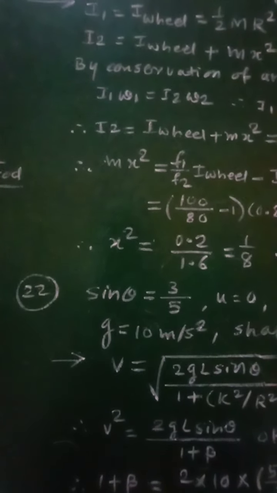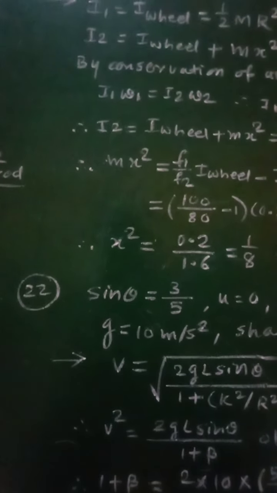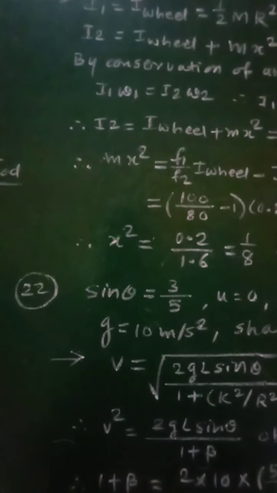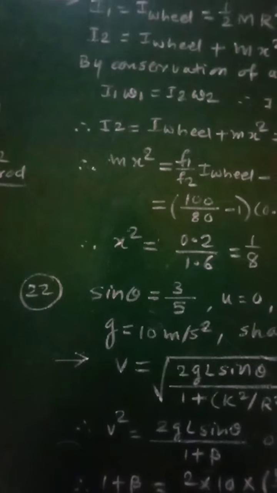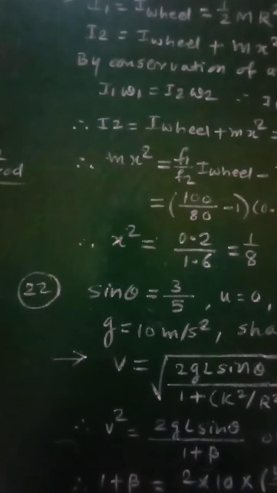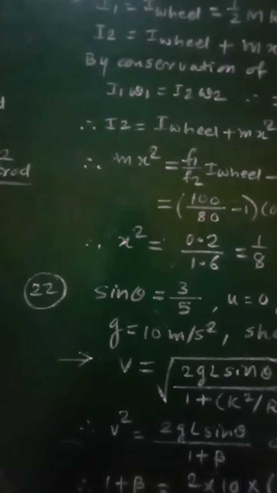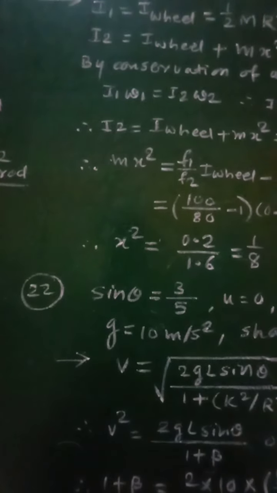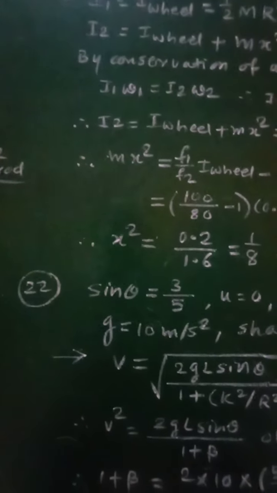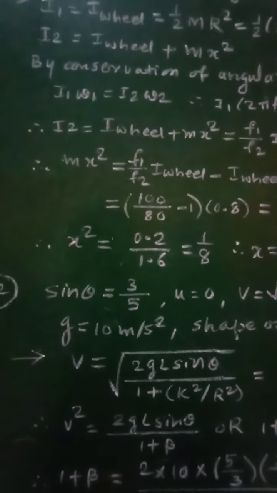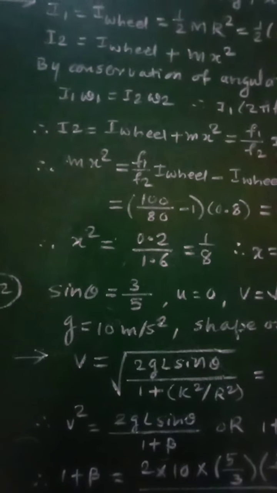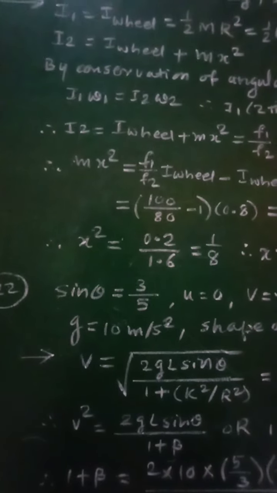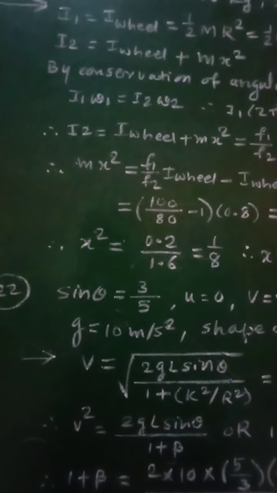The object gains a speed of root 10 meter per second as it travels a distance of 5 by 3 meter along the incline. Then what can be the possible shapes of the object we will have to find out. So depending upon the value of k square by r square, the shape of that object will be determined, and therefore we have to find out what can be the possible shapes of that object.